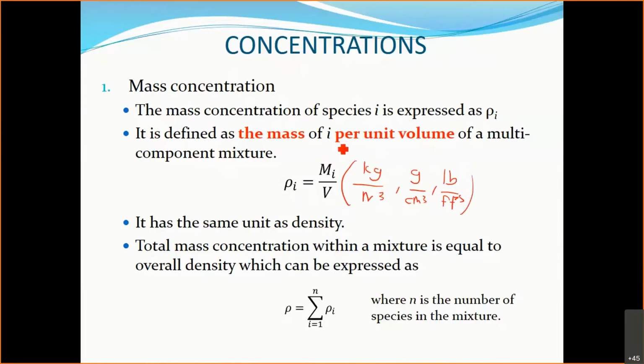But one thing that you need to understand, when we're talking about mass density or mass concentration, if you look at here, I put rho I, meaning that I want to find the mass concentration of component I. So you must always remember that when we are talking about mass transfer, there must always be a minimum of 2 components.